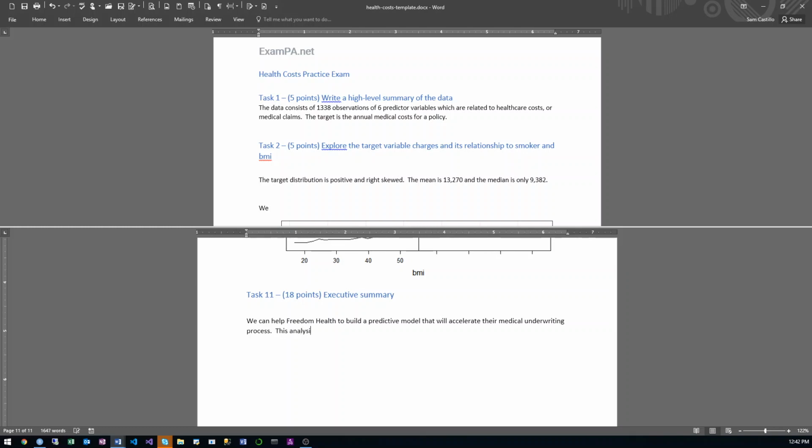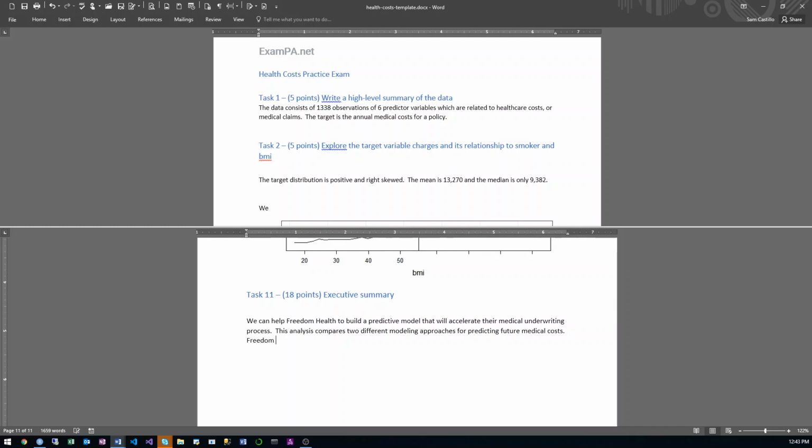This analysis compares two different modeling approaches for predicting future medical costs.